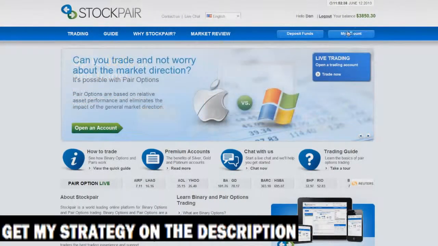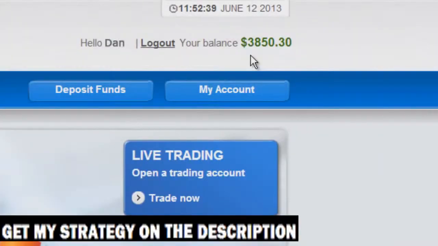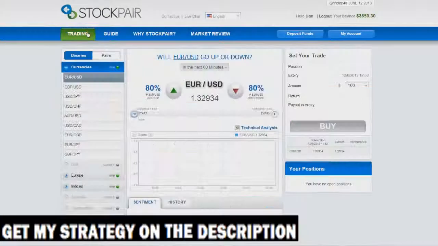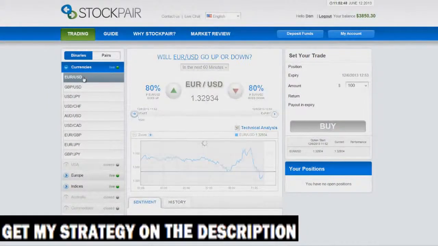Now I'm going to show you exactly how you do this. I'm going to submit a trade at $120 at step 2 instead of a $12 trade like we've been doing. You can see up at the top my account balance is $3,850.30, and it's 11:52 a.m. on the 12th of June. So what we're going to do is we're going to click on the trading tab. We'll select Euro USD.